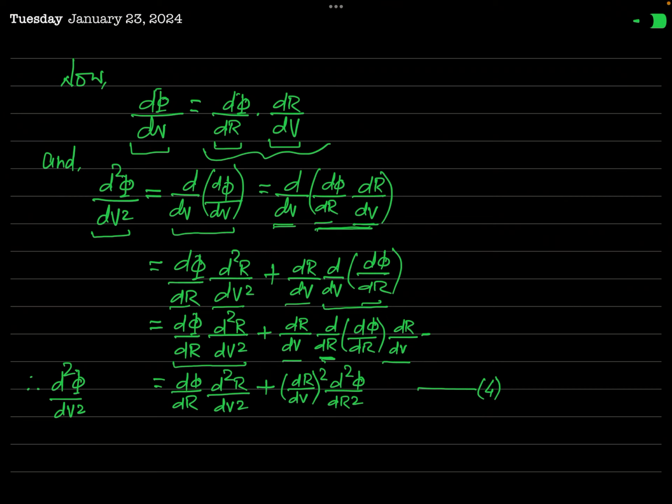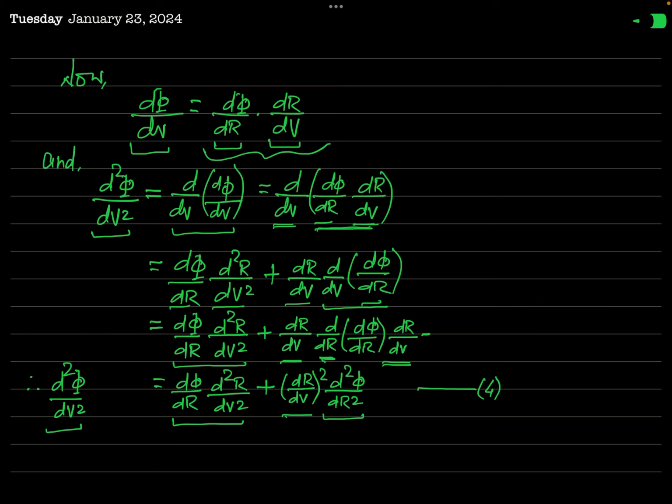And so finally we get that d2 phi by dV square is equal to d phi by dR times d2R by dV square plus, in the second term, dR by dV times dR by dV. So this will be equal to dR by dV whole square, and d by dR of d phi by dR is equal to d2 phi by dR square.